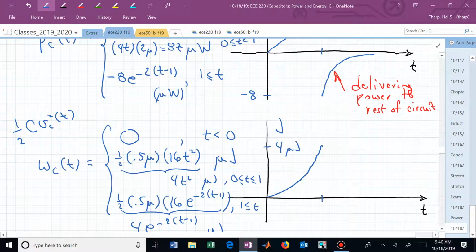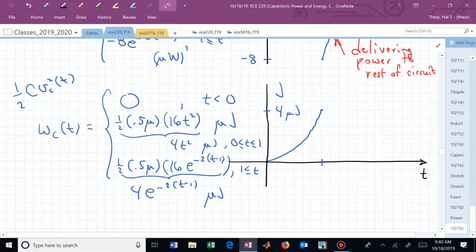That's now this parabola shape, this quadratic, and beyond 1, it's now an exponential shape starting at 4, but now it's exponential with an e to the minus 2t.